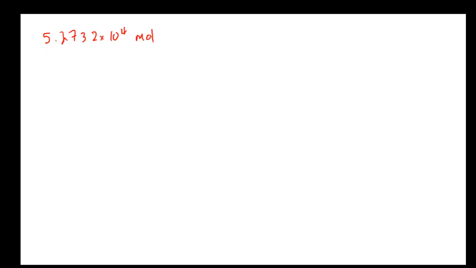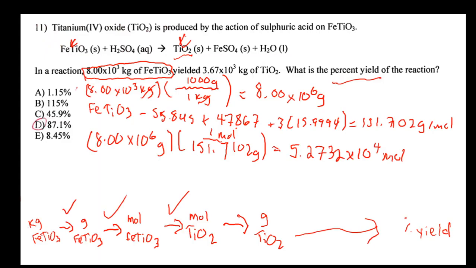So to do that, you're calculating the theoretical yield, right? But we're given how much they actually get. And then you have to calculate the actual experimental yield. So do we have to find the theoretical yield? Well, they want the percent yield, right?